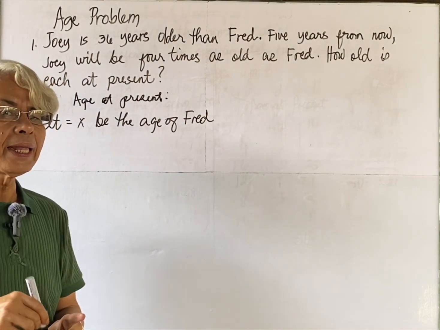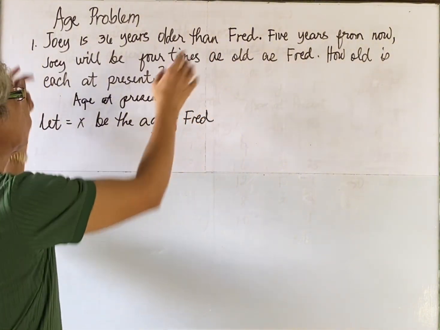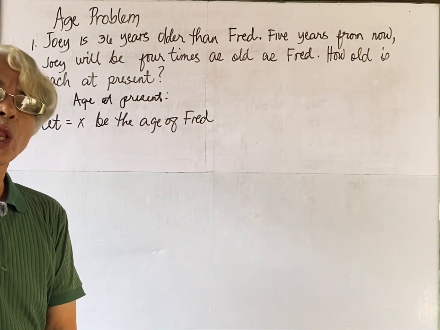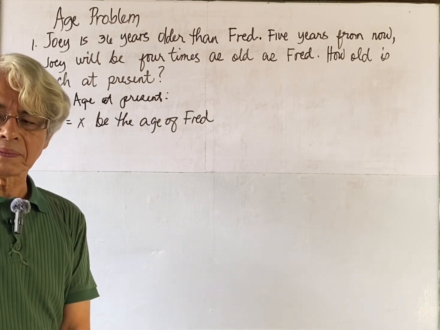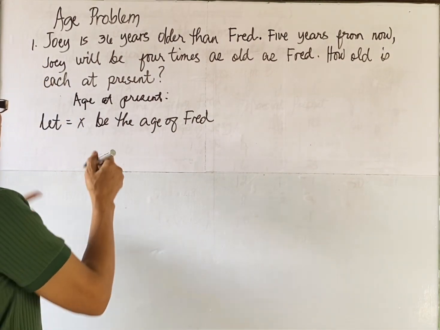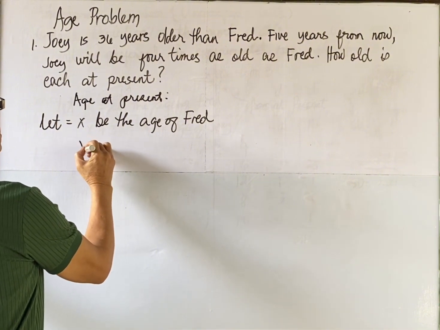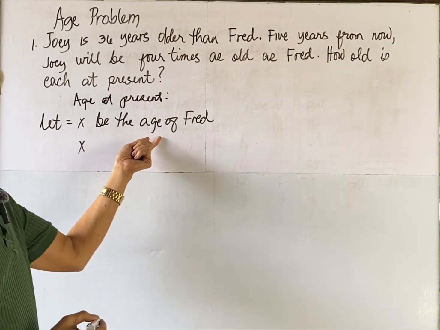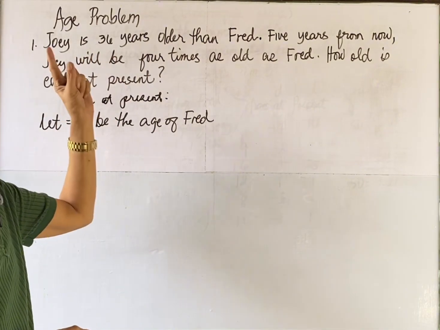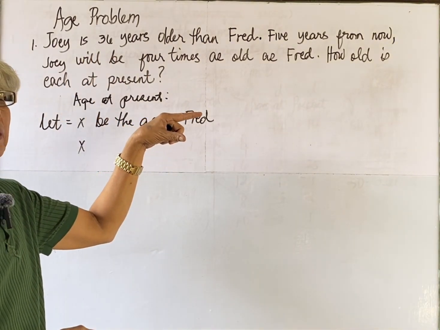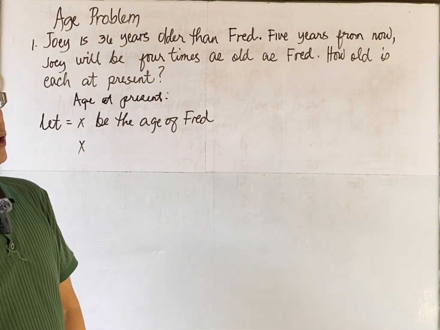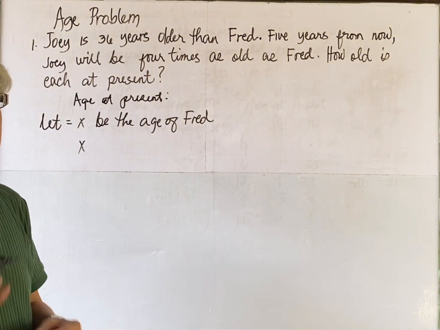And looking back to the first sentence, Joey is 36 years older than Fred. Therefore, if X is the age of Fred, Joey is 36 years older. If you are 1 year old, then your father or the other person should be 37.